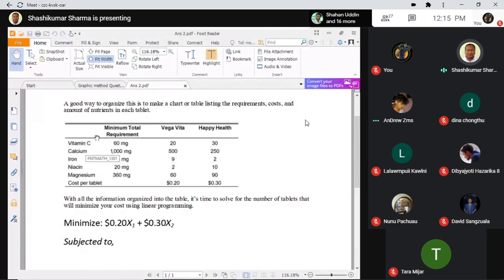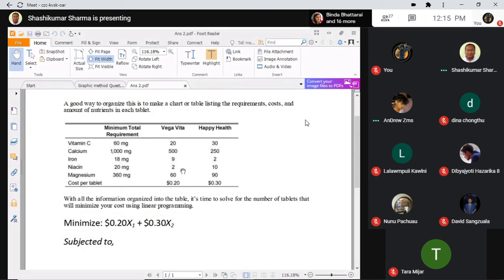So you have the items vitamin C, calcium, iron, niacin, magnesium. These are the components, and the minimum requirement is given here per day. I need around 60 milligrams of vitamin C, 1000 milligrams of calcium, 18 milligrams of iron, 20 milligrams of niacin, and 360 milligrams of magnesium.